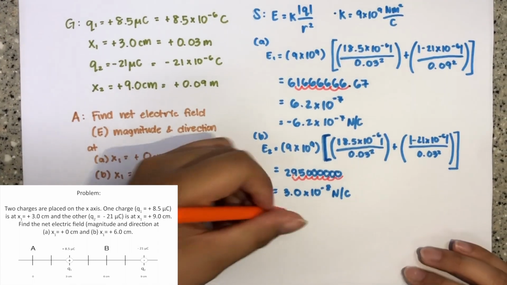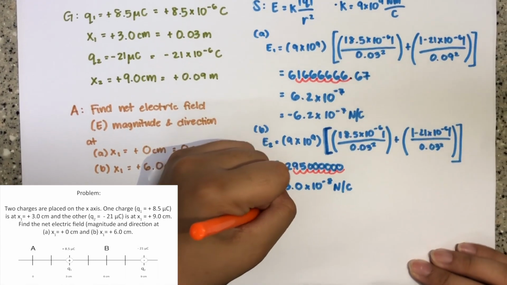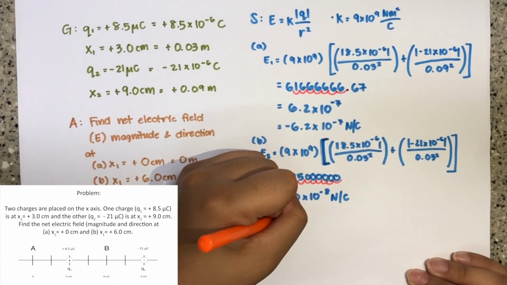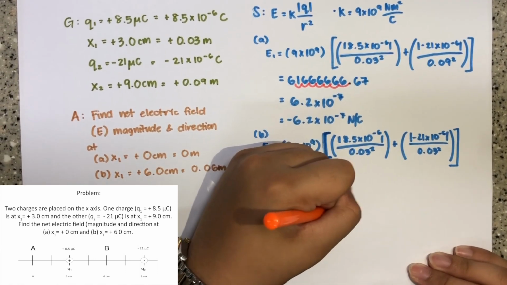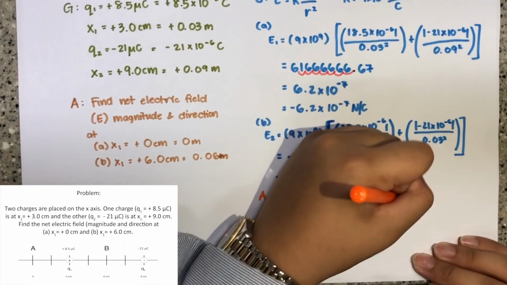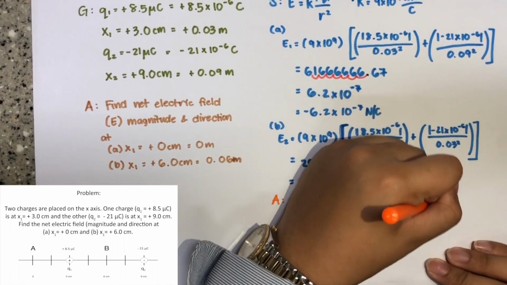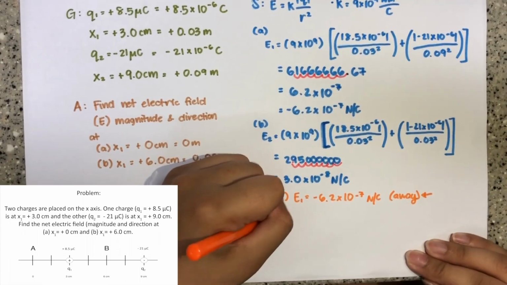And now it's time for our answers. At 0.0 cm, the net electric field will be 6.2 times 10 to the power of 7 away, or leftwards.